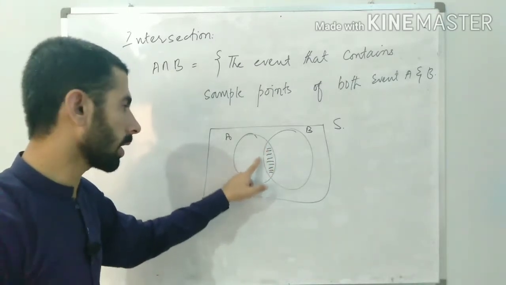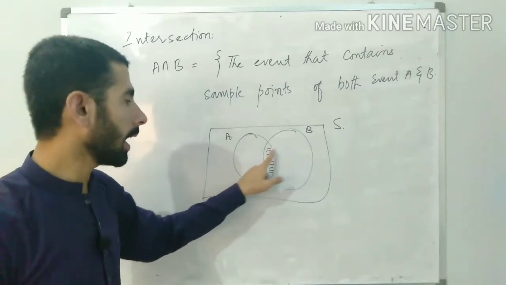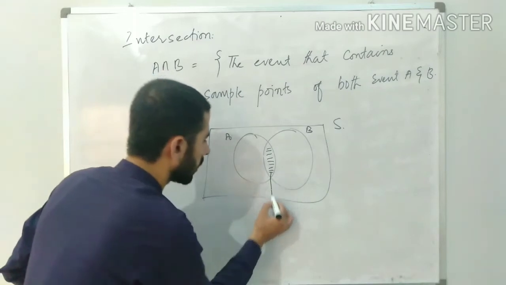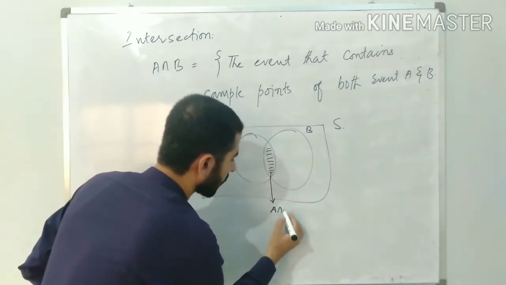All the possible outcomes which are part of event A as well as part of event B would be part of event A intersection B.